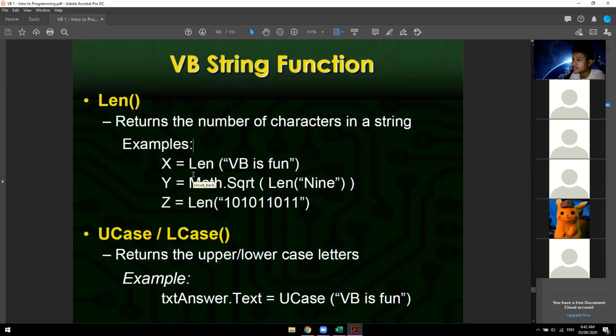So we have an example here. We have variable x is equal to Len function, and then the string that is inside, which is "VB is fun". Okay, so what do you guys think is the result of letter X? So anong result?